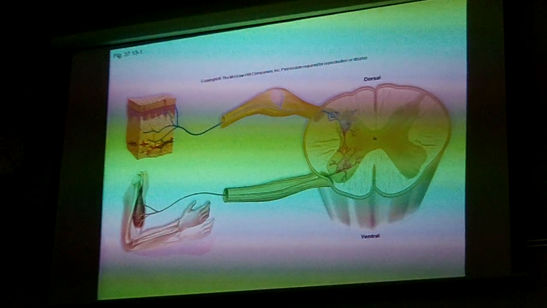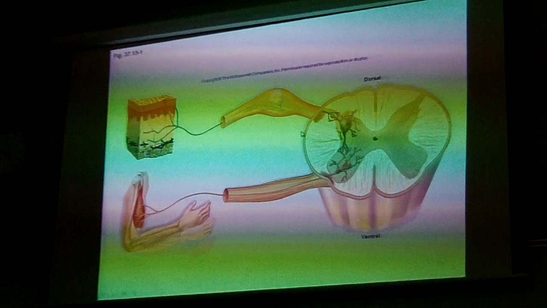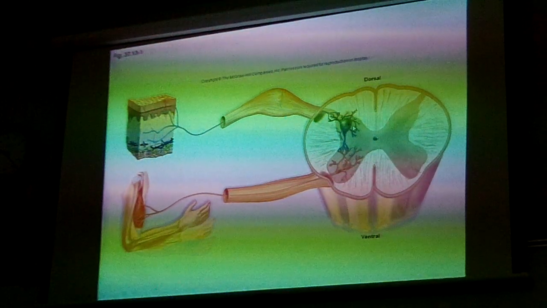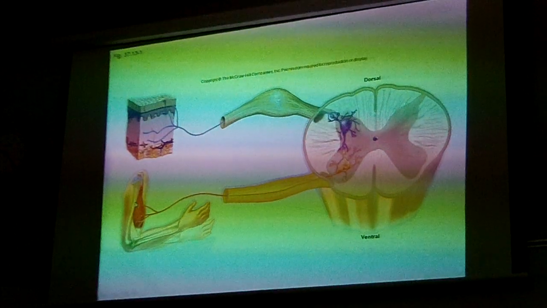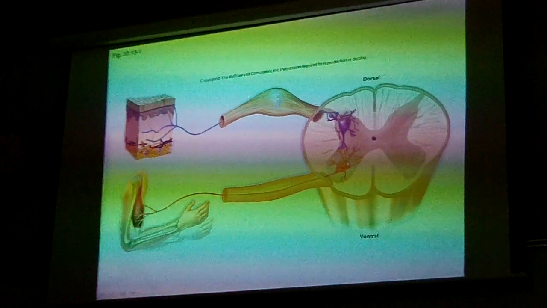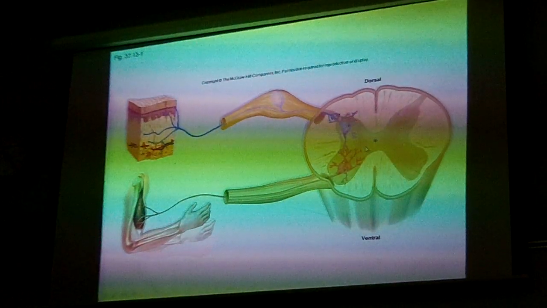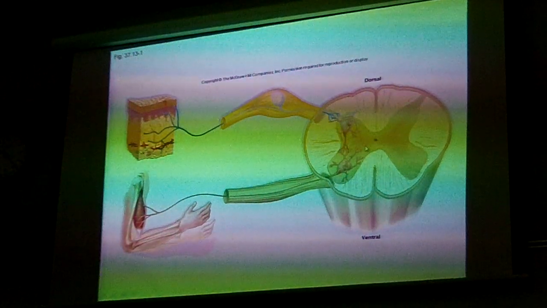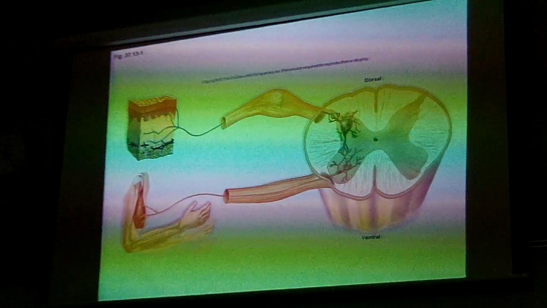And it only involves maybe 2 or 3 neurons. You can have some reflexes go in one neuron, and there's not even an interneuron in the middle. They go out in another neuron. And you don't even have to go to the brain to do a reflex. The reflex can take place completely just in the spinal cord. So somebody in a coma will still show reflexes because it doesn't involve the brain.